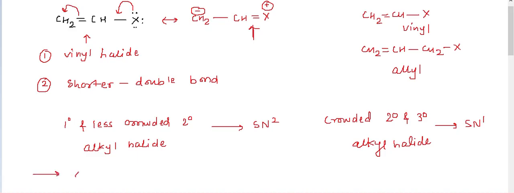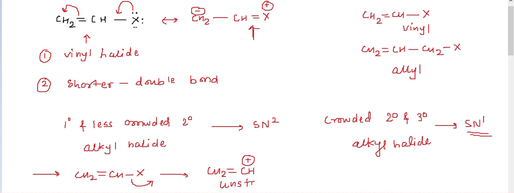So let's try CH2 double bond CH and X. SN1 mechanism means it will form a carbocation as an intermediate. If X is removed, then we get CH2 double bond CH plus, which is highly unstable.